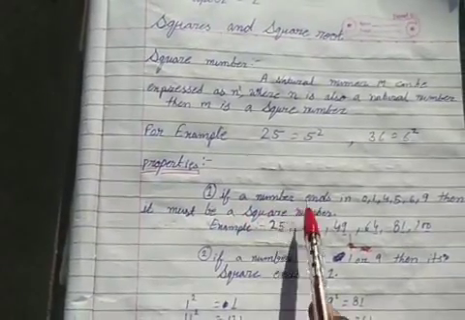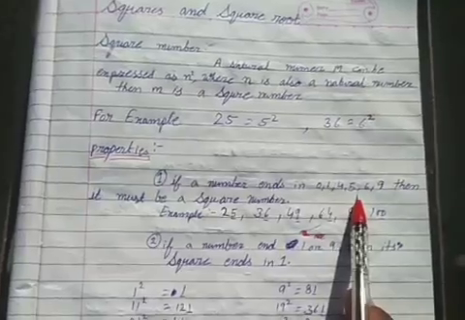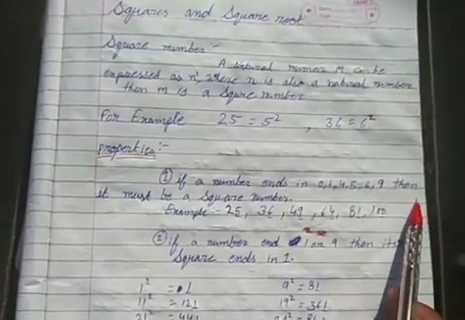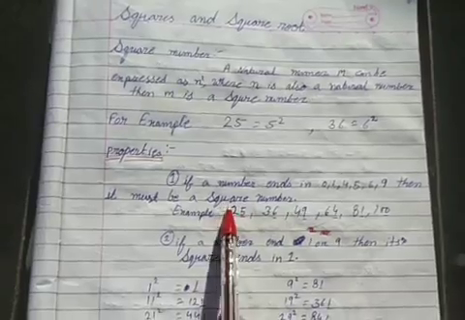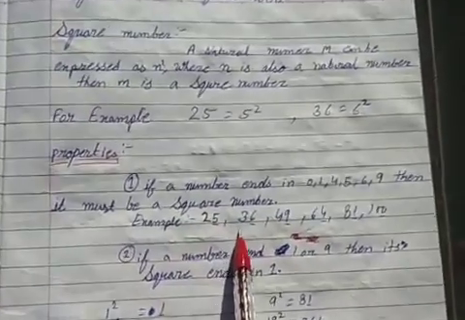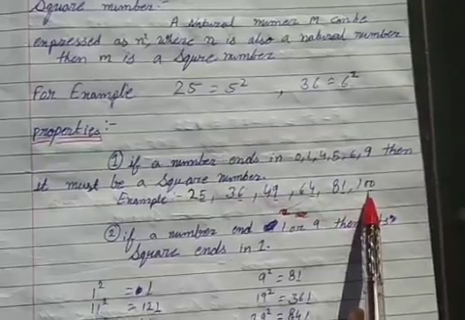If a number ends in 0, 1, 4, 5, 6, or 9, then it may be a square number, like 25, 36, 49, 64, 81.